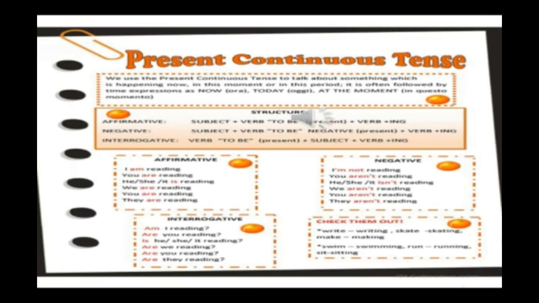If it is a question, first we have to place is or are or am, then the subject, then the verb plus ing. There are some examples given in these three boxes. You can read it for yourselves.